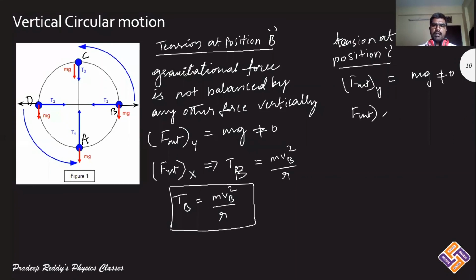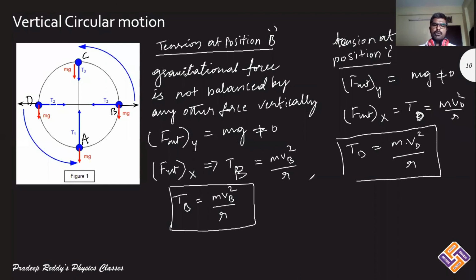Along the x-axis there is tension T2 and mv square by r, which is outward. So tension T2 will be balanced with mv square by r. I can write it as tension Td. So tension at D is equal to mass into velocity at D whole square divided by radius r.